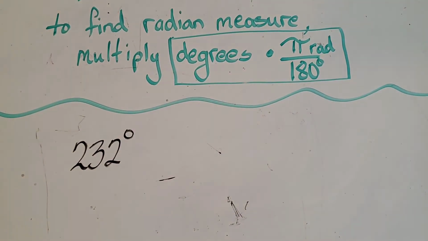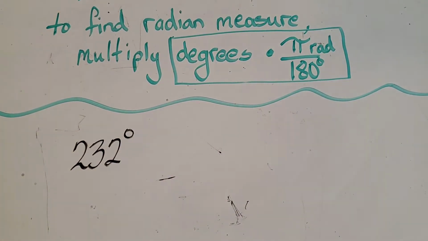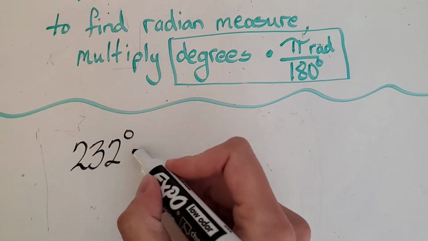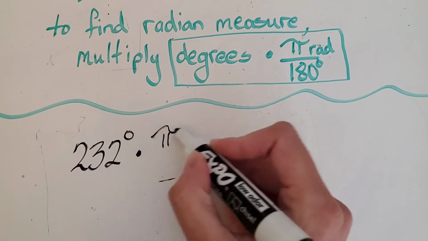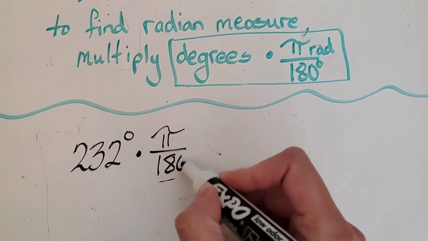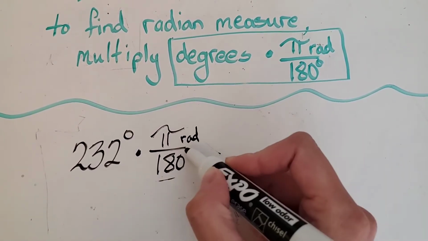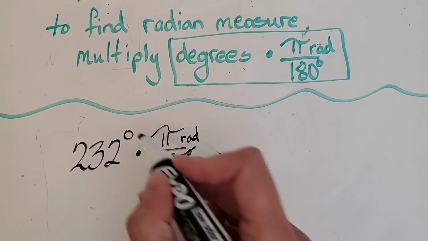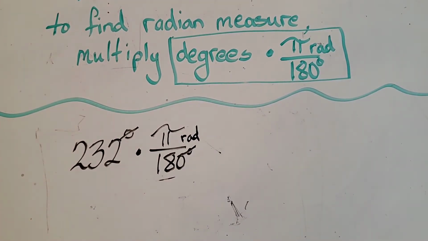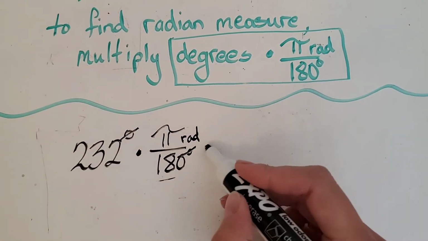If I want to change 232 degrees to radian measure, I'm going to multiply by pi over 180. Remember, it's pi radians over 180 degrees, and those degrees are going to cancel out, and I'll be left with just radians.